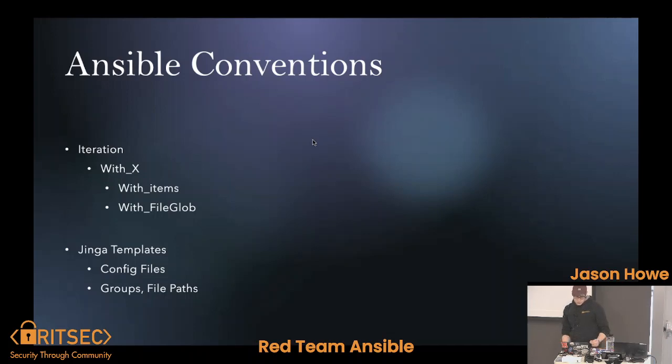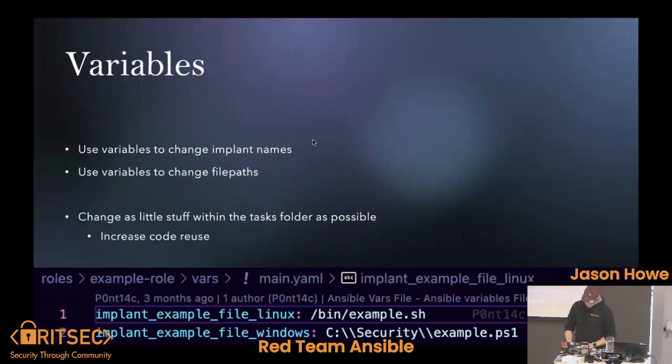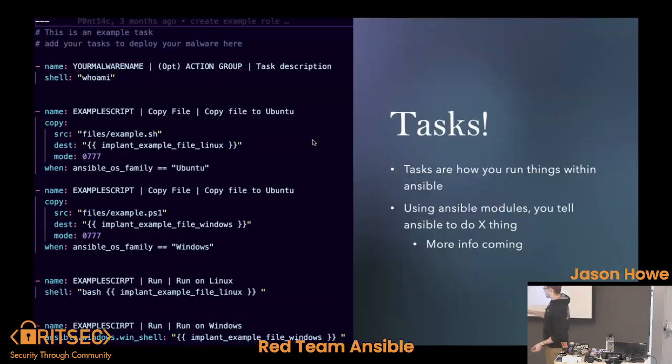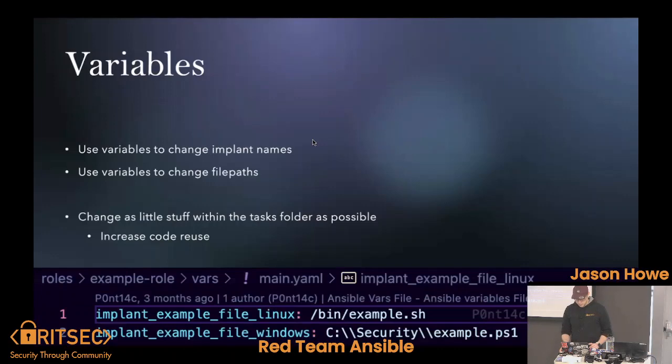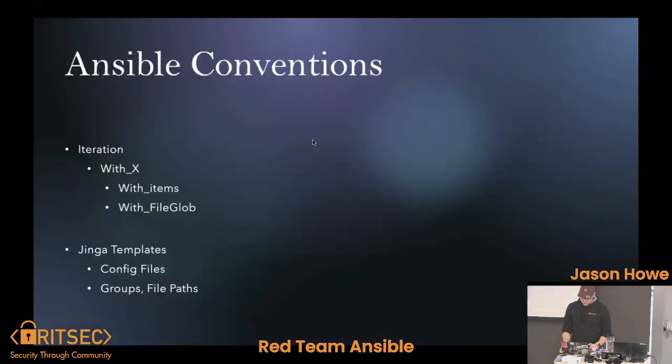Then, oh yeah, Jinja templates. If you noticed over here, we used this double open bracket, double close bracket thing to specify a variable in our Ansible. That's actually Jinja templating in use right there. Ansible works really well with Jinja templates. It's kind of built around it and with it in mind.